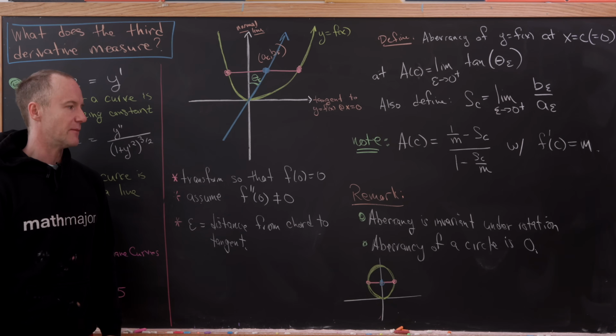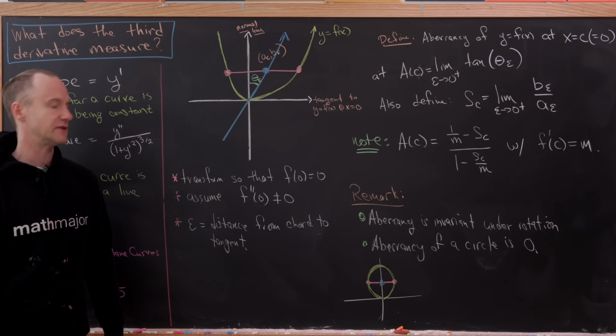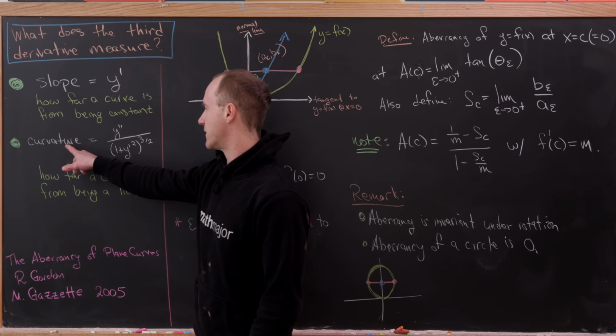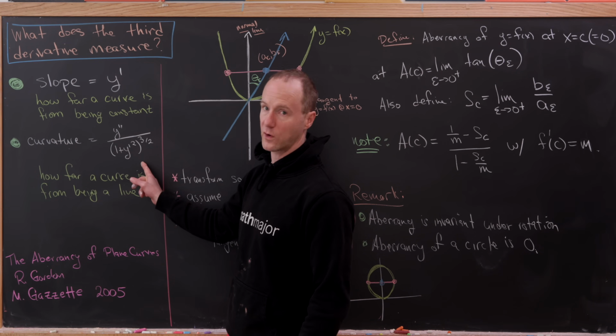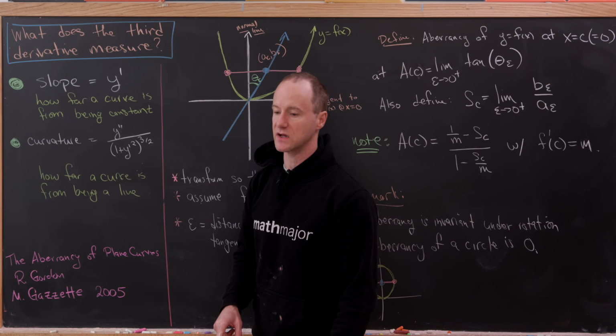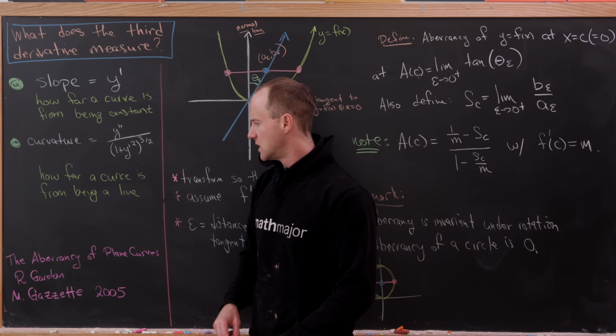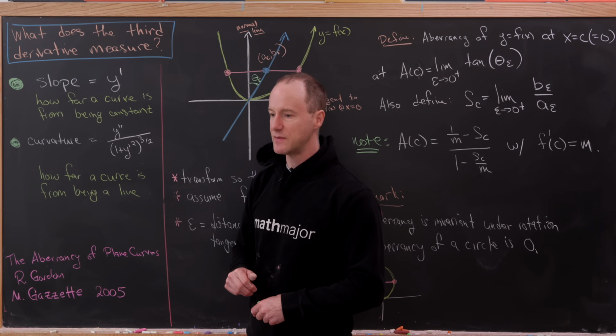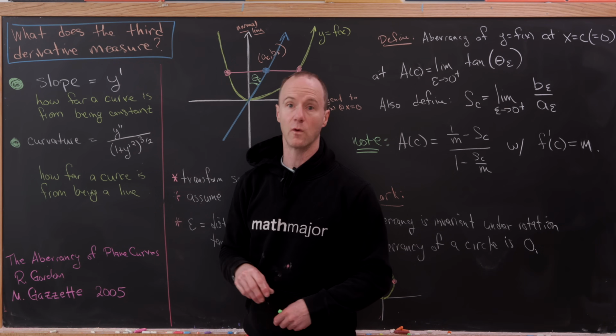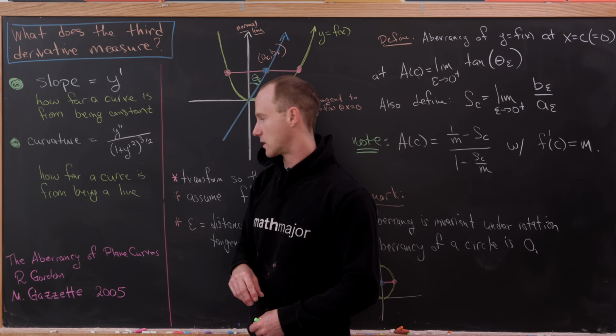But that means that the aberrancy of a circle is 0. But looking at this over here, that means that this notion of aberrancy, which we will get a formula for, is really how far a curve is from being a circle. Okay, so keeping all of this in mind, let's maybe see if we can produce a formula like these two for the aberrancy of a plane curve.